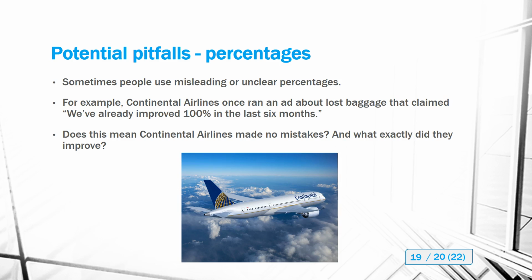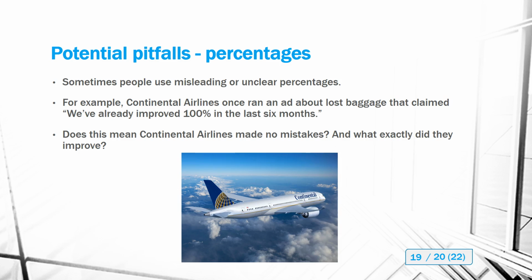But, we've improved 100%. You want to improve lost baggage. Okay, the positive in this case is going to be a decrease. And when you look at an improvement that's a decrease, you can't improve more than 100% because 100% takes you to 0.